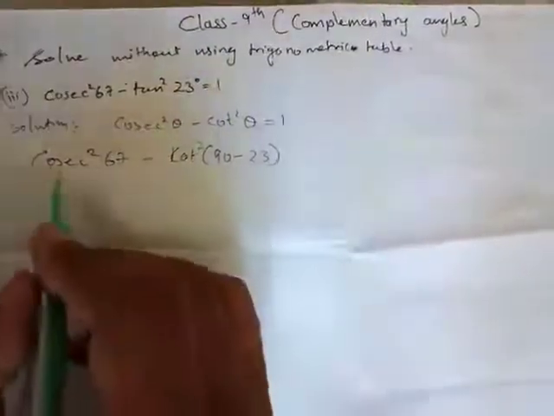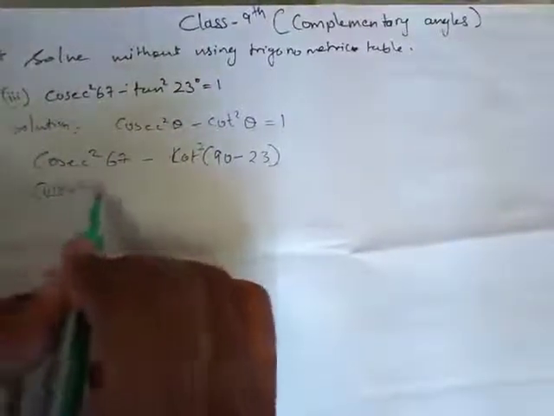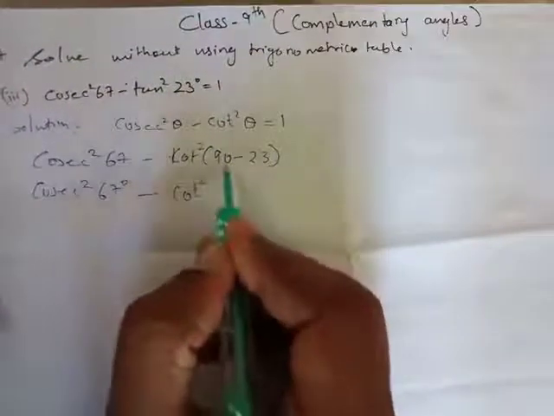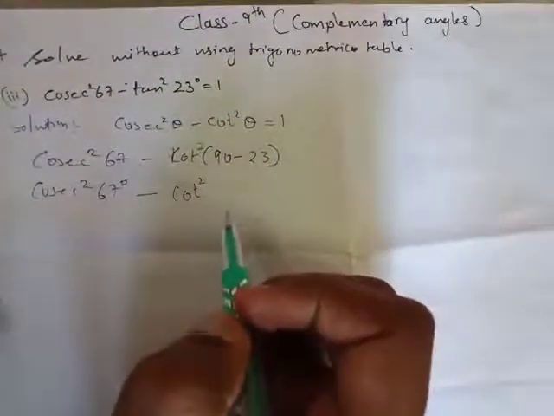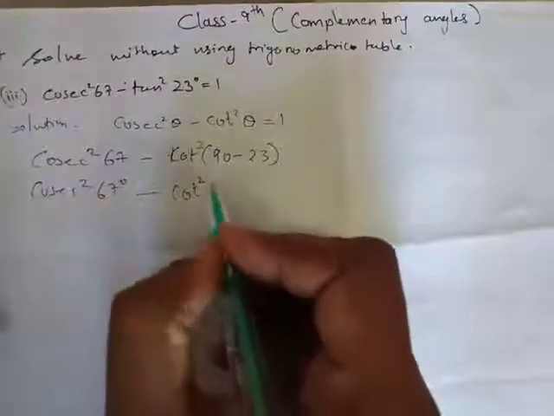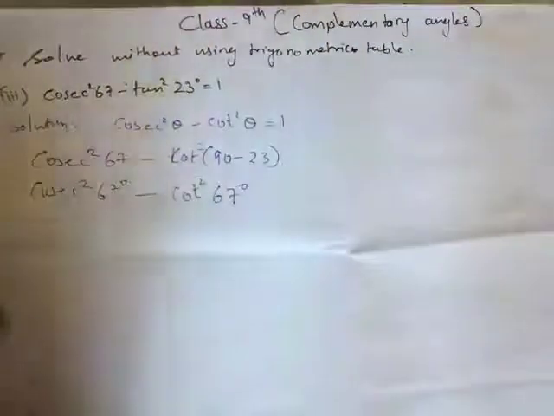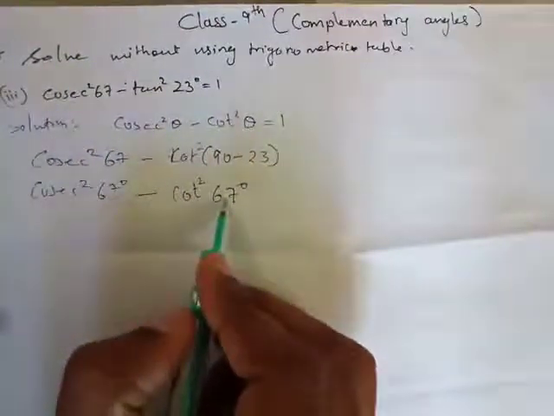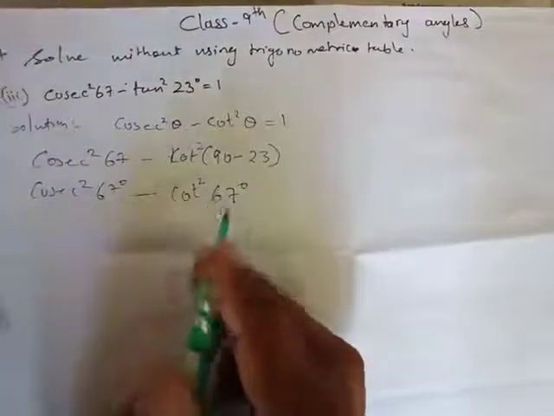Then it becomes cosec square 67 degree minus cot square. When you subtract 23 from 90, you get 67 degree. So cosec square 67 minus cot square 67, what's my answer going to be? My answer is going to be 1.